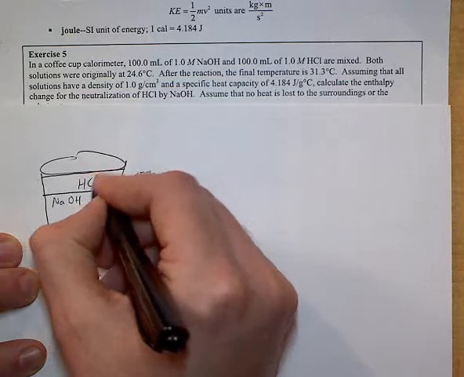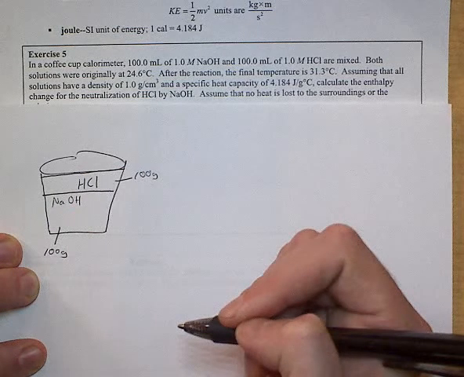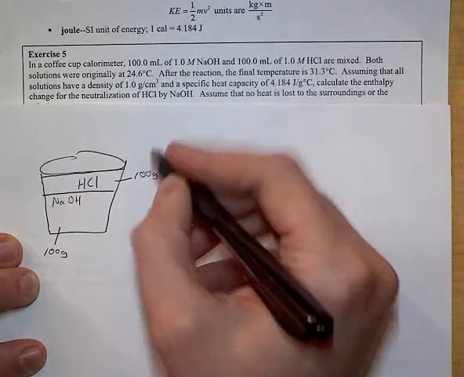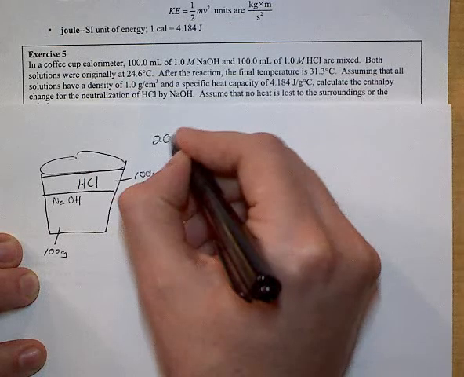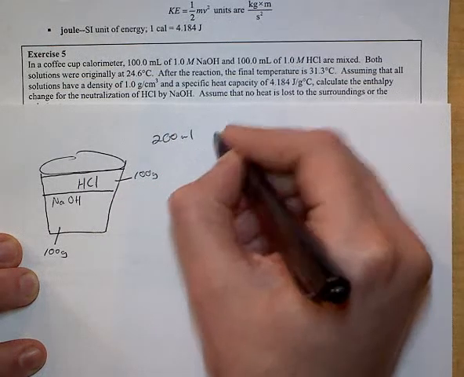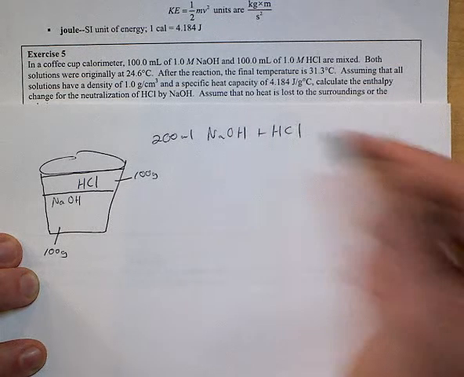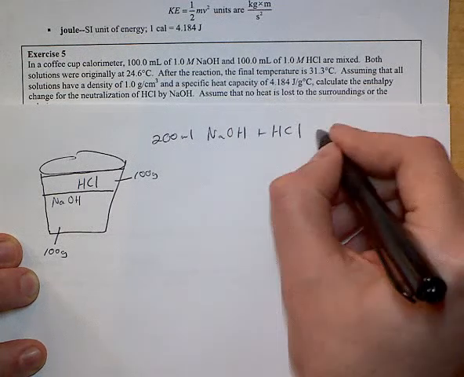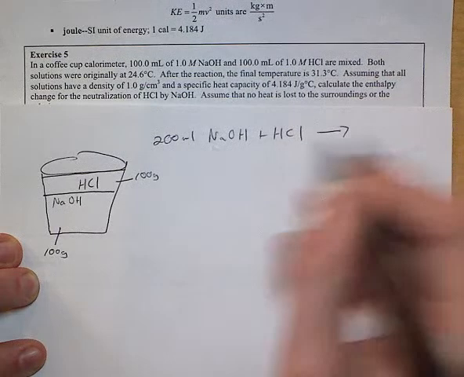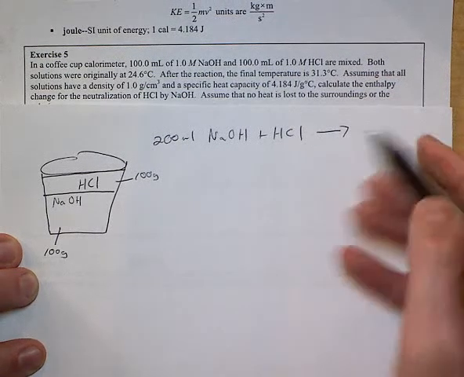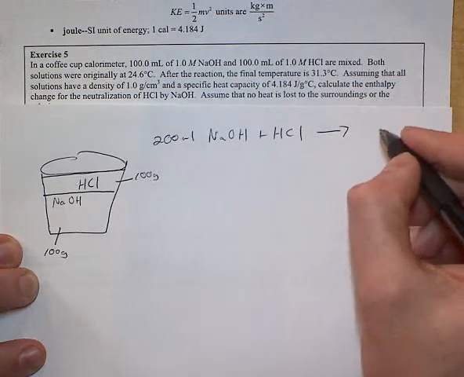Now, obviously, they're not going to be separated like that. I'm just doing this as I'm thinking through. So I've got 200 milliliters of NaOH plus HCl. At this point, what I like to do is totally think about this problem and go, okay, this is a base, that's an acid, this looks like a neutralization, and I have equal parts.